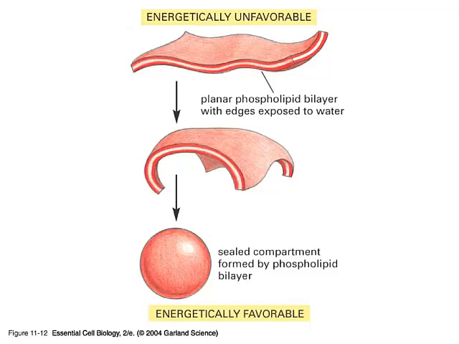Yes, Lynette? So they always flip so that the heads are on the water side and the tails are buried in the middle. Here the red is the heads, the white is the layer where you see the tails. So they'll always flip into a bilayer.